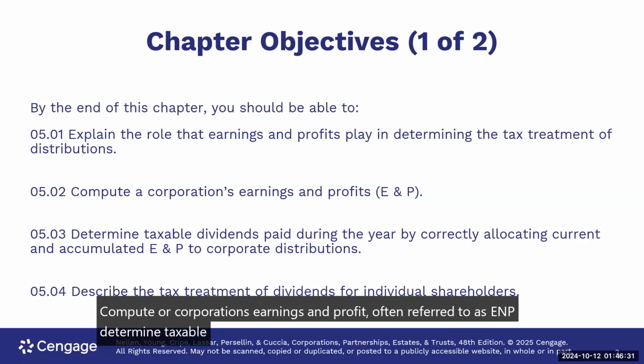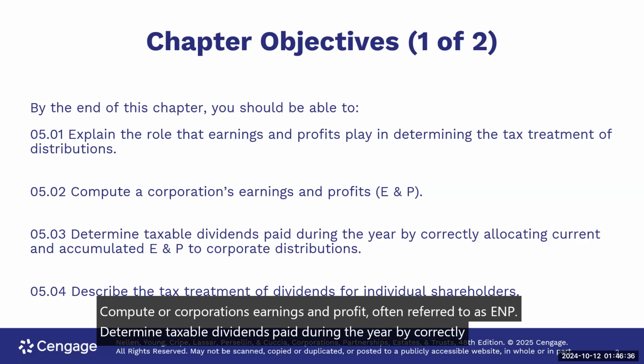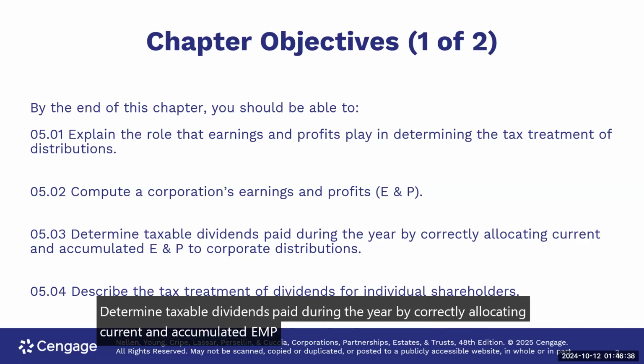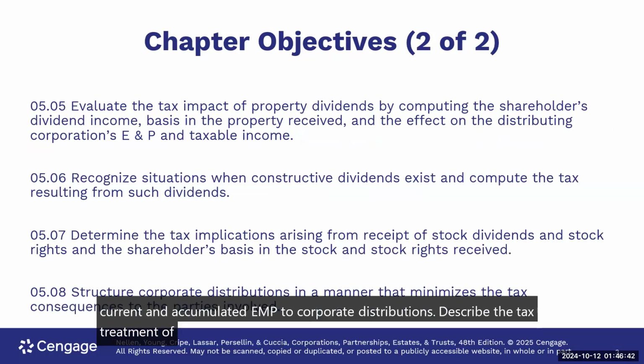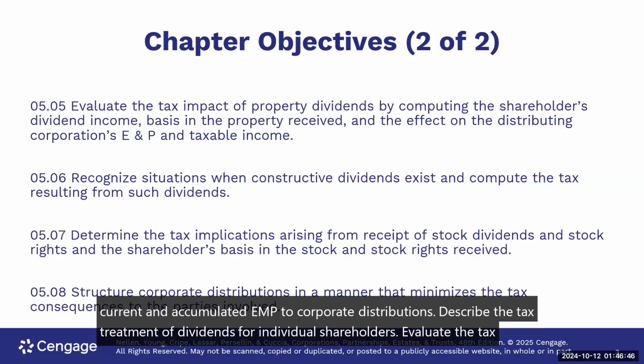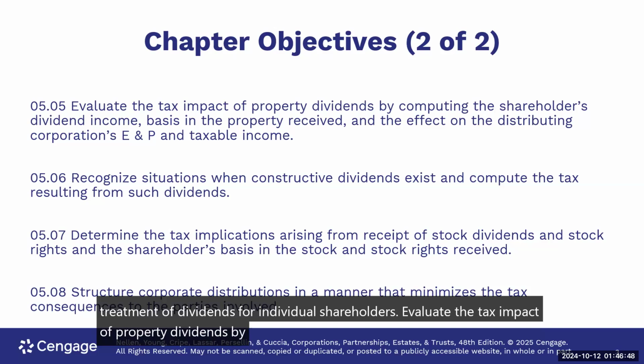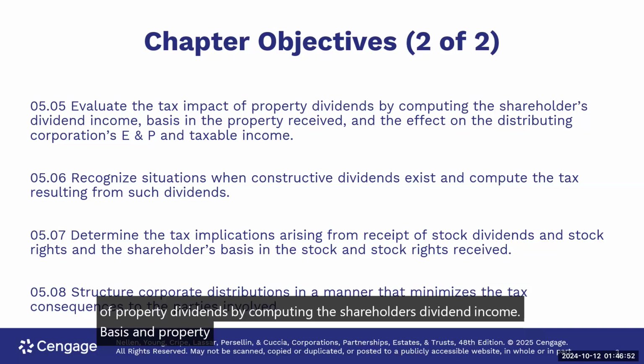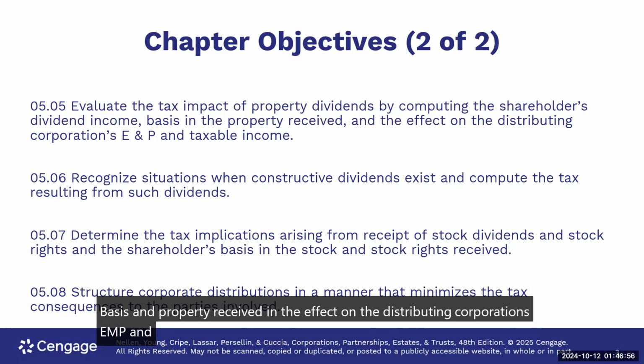dividends paid during the year by correctly allocating current and accumulated E&P to corporate distributions, describe the tax treatment of dividends for individual shareholders, evaluate the tax impact of property dividends by computing the shareholders' dividend income, basis in property received, and the effect on the distributing corporation's E&P and taxable income.